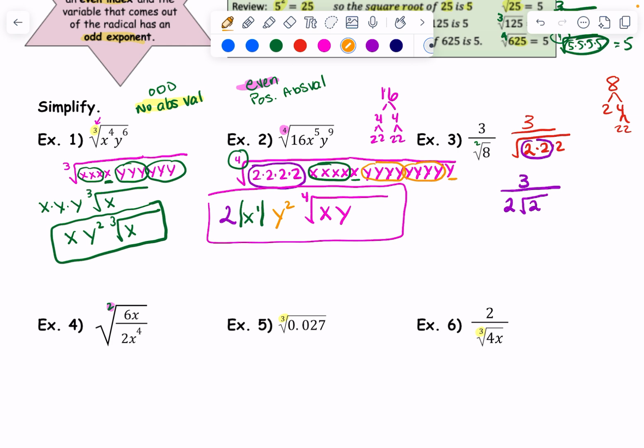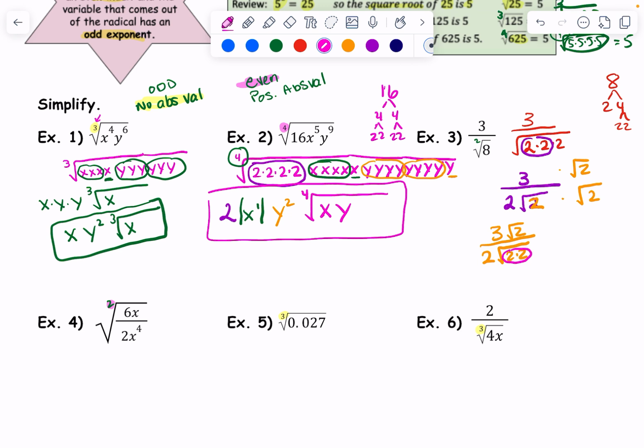And because our radical has an index of 2, that means I need to have 2 of these underneath. Well, in order to do that, I'm going to need to multiply the bottom by 1 more. And it has to have the same index, otherwise it won't work. So essentially this is what it would look like, right? And then on the bottom we have 2, and then inside we have a 2 times 2 now. Well, you can see now that we have a pair of 2's, so this 2 comes out and multiplies by that 2.